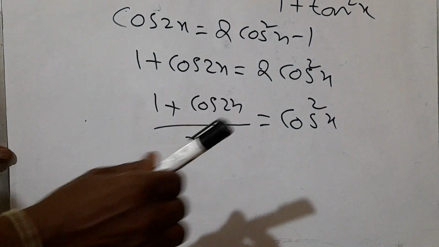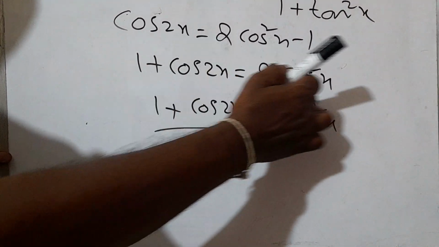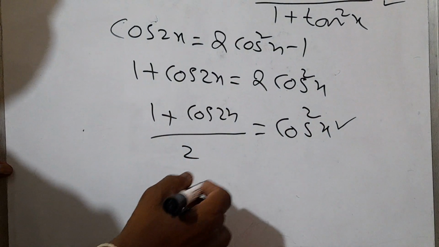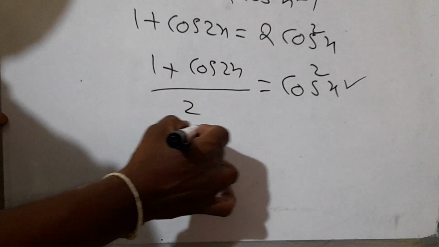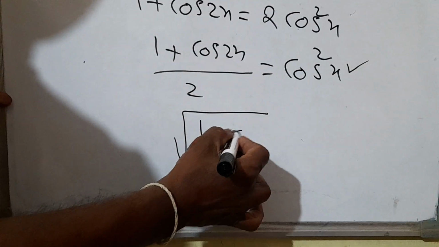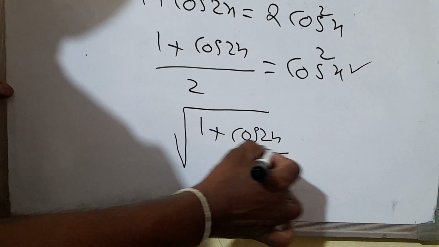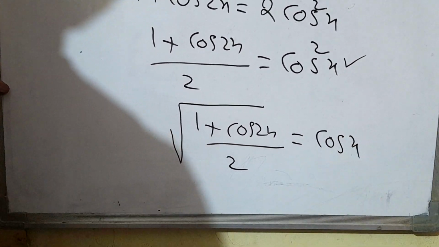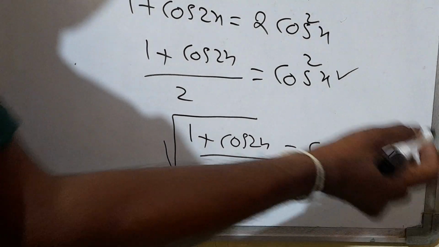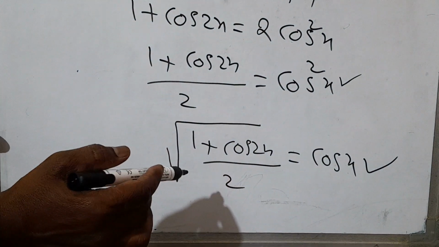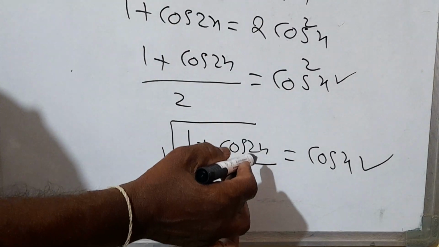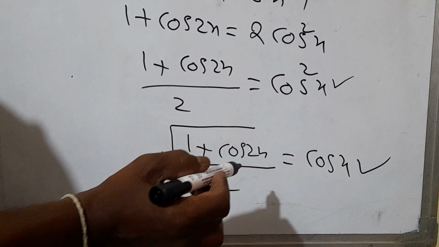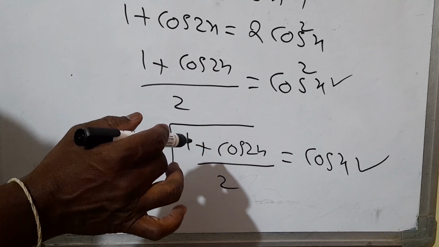So actually you can remember this as a formula. This is a derivation, but you can remember it like a formula. The same thing can be written as under root 1 plus cos 2x by 2 is equal to cos x. So this is another formula. If you remember this while doing calculations, it becomes very easy. You can do it faster.